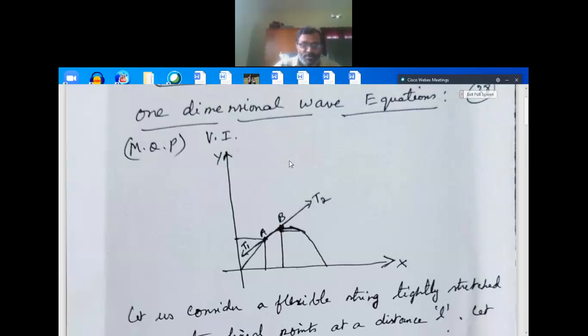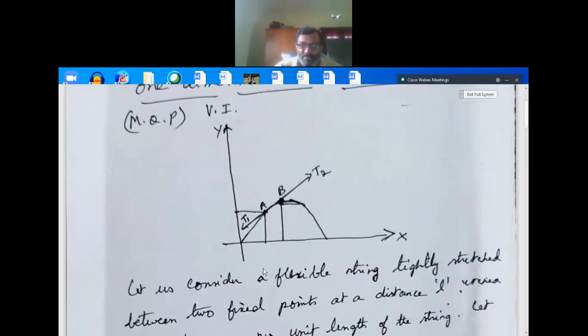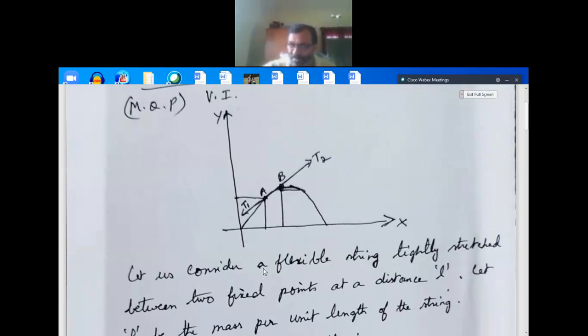It's a derivation. So let us consider a flexible string tightly stretched between two fixed points. Flexible means you can think of a rubber band. If you fix two points, in between you stretch the rubber band.